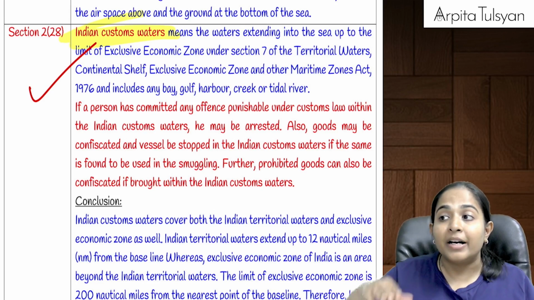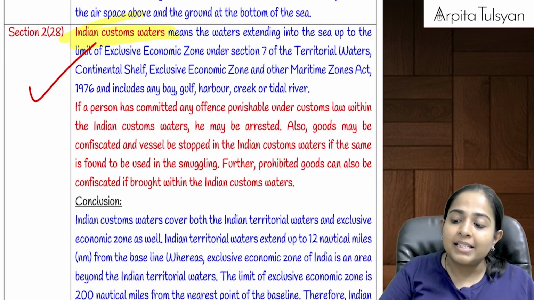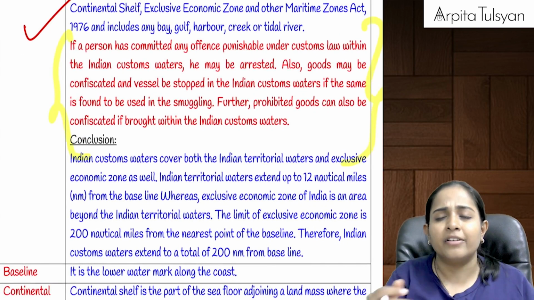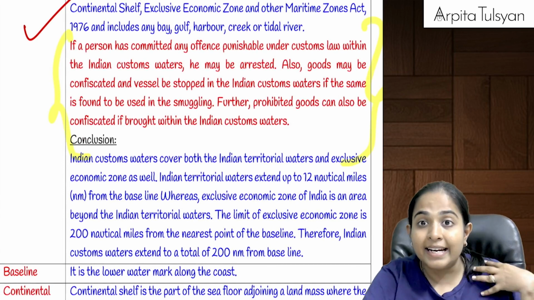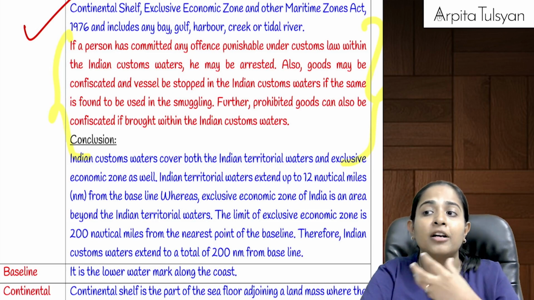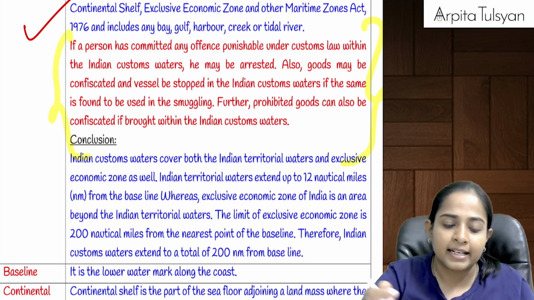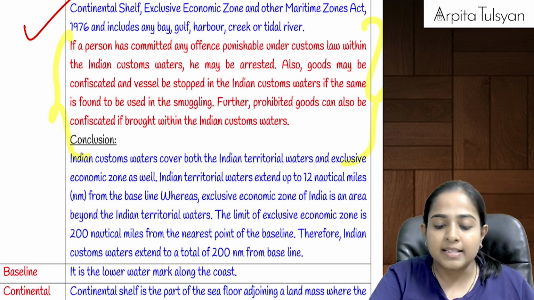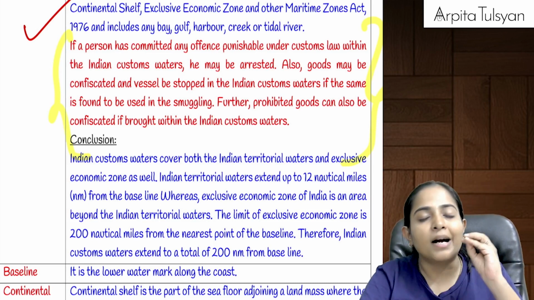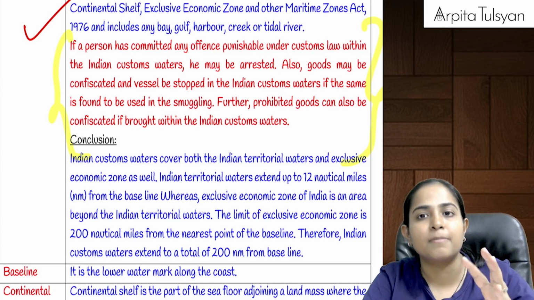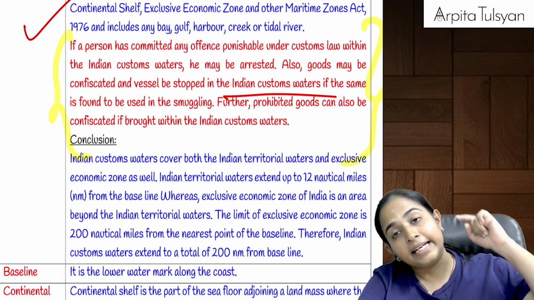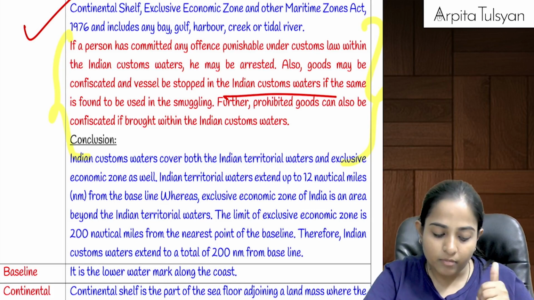But if beyond the 12 nautical miles someone is committing any offense in our Indian customs water, for example smuggling, or a particular vessel has entered and we need to confiscate that vessel, then we can apply the provisions of the Indian Customs Act in the Indian customs water also. Are you clear with this?